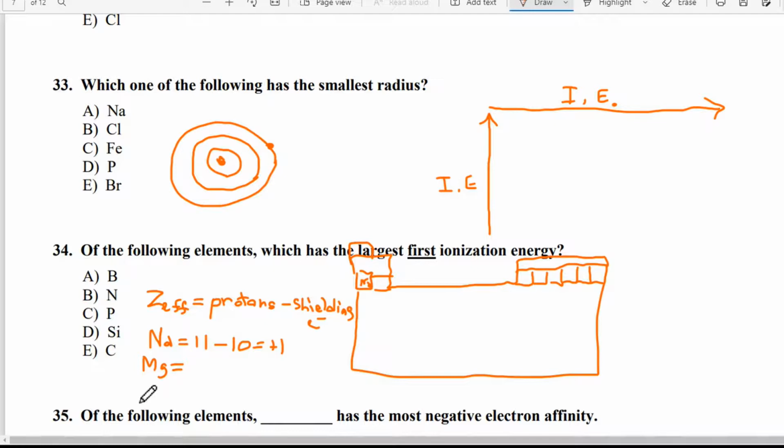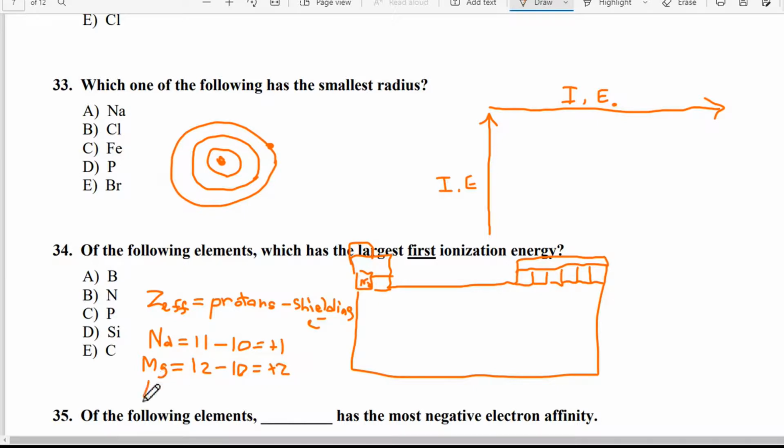So for magnesium, once again, the number of shielding electrons is 10, same as sodium, because they both have the same previous noble gas. So it's going to be 12 minus 10, and that's going to give you a +2.